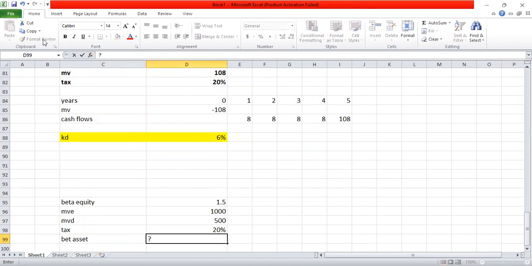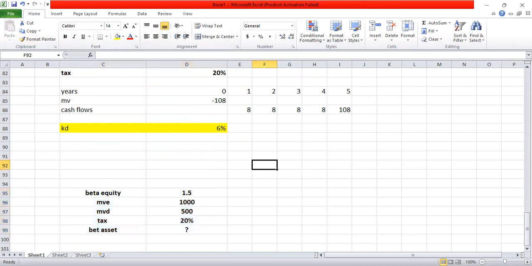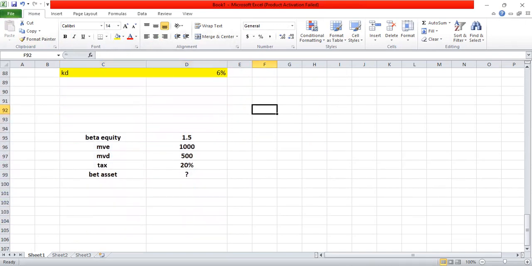This is the requirement. Now see guys, you know that what is the equation?